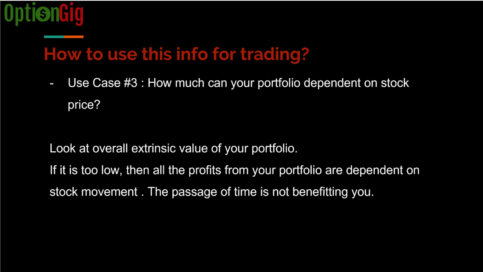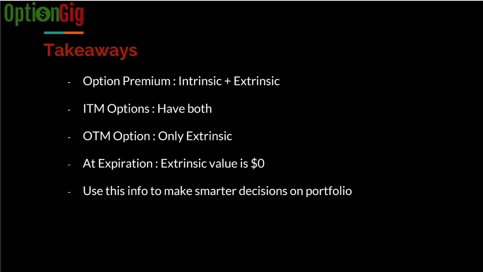Alright, I hope this helps you. Before we close, a quick takeaway. Today we looked at the intrinsic and extrinsic values in an option premium. Also we talked about in-the-money options, which have both intrinsic as well as extrinsic components in the option pricing.